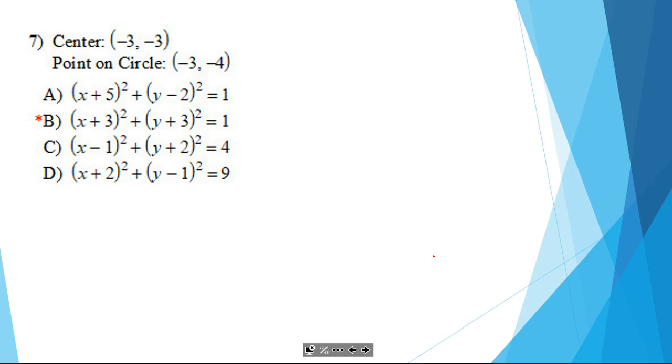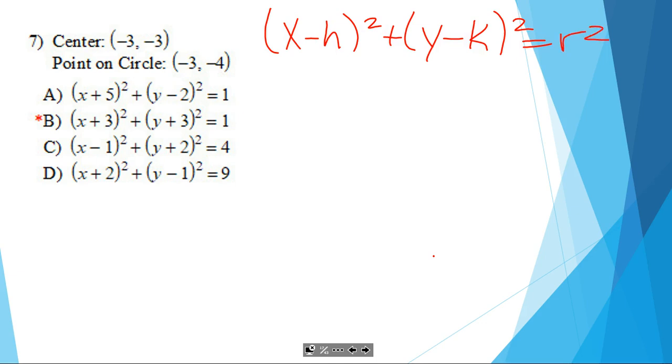So here again, we're going to use our equation, x minus h squared plus y minus k squared equals r squared. The difference is we're going to plug in the x, the h, the y, the k, and solve for r. Then we're going to plug the h and the k back in along with the r to get the equation for the circle.